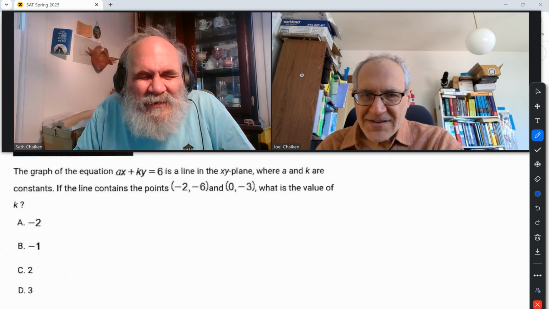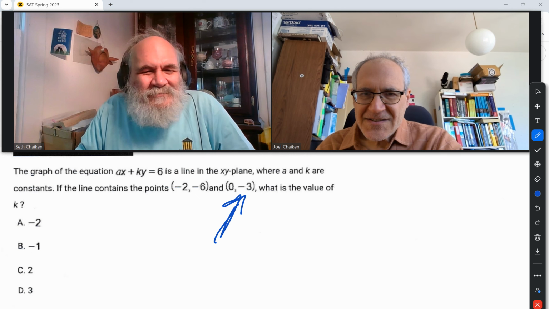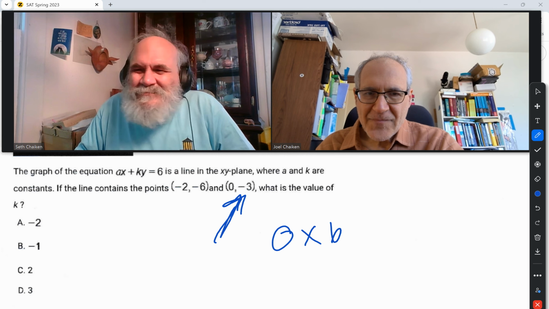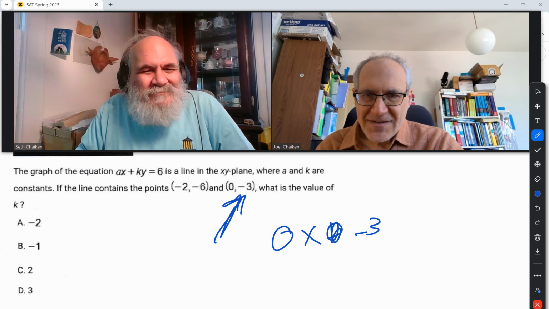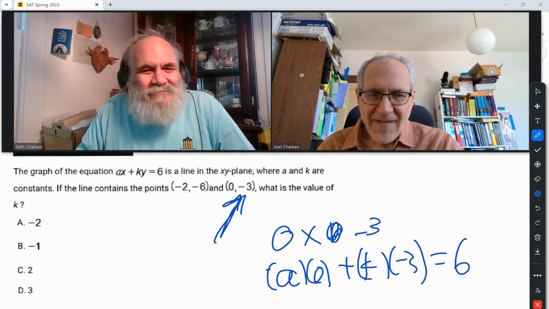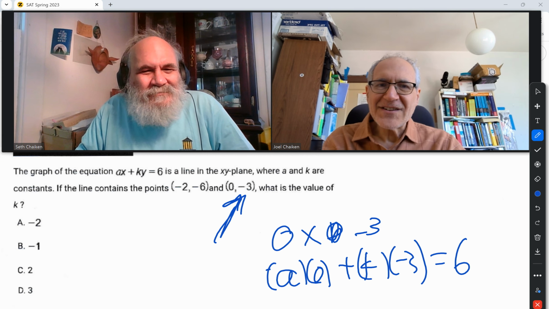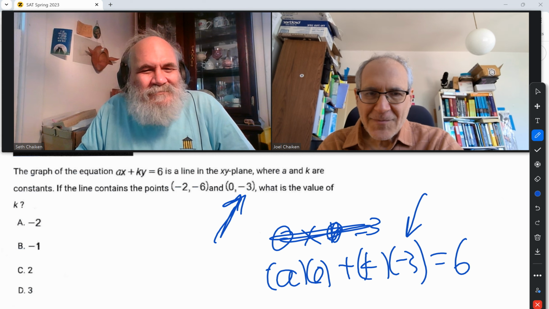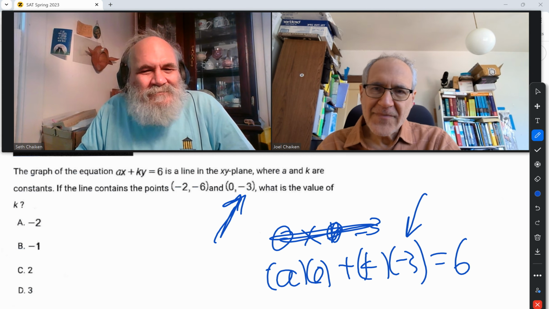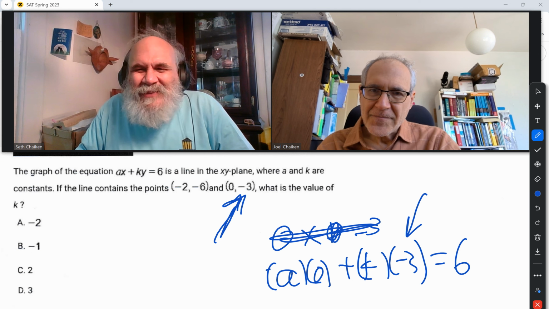You have to know that if you have a point, this point can be put into the equation: a times 0 plus k times negative 3 is equal to 6. Being ready to do this on any problem, no matter what function it is, is really important and will really help you. Really dumb what they did.